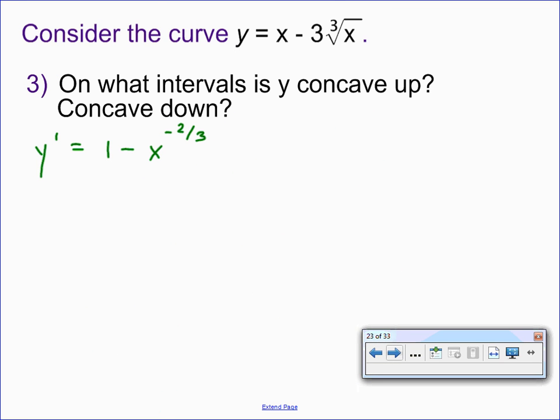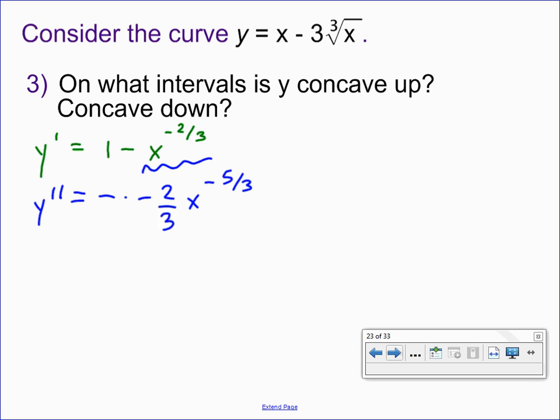Term by term differentiation yields the derivative of 1 is 0 minus the derivative of the power function, which is the exponent times the base raised to 1 less. What's 1 less than negative 2/3? Negative 5/3, right? Negative 2/3 minus 3/3 is negative 5/3.